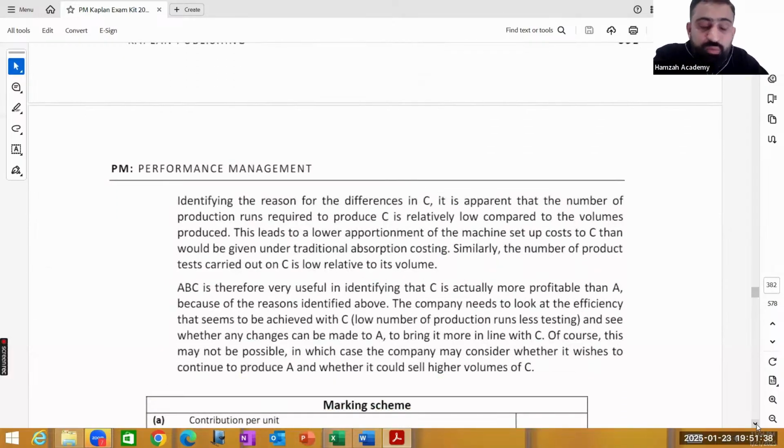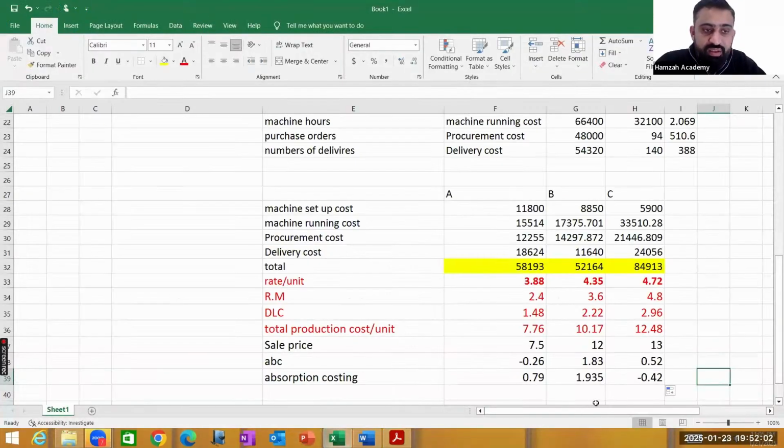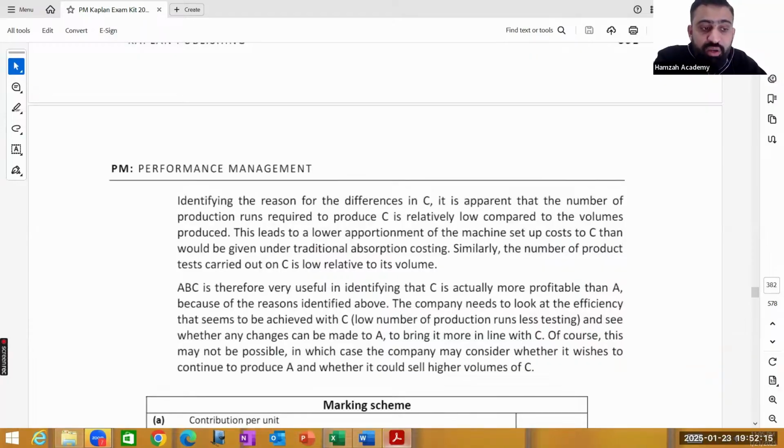The reason is that when we used absorption costing, we did not take into account that C is not using many activities of the business as compared to A and B. So when we use ABC, C is using fewer activities, so less overhead is allocated to C in ABC as compared to absorption costing. That's why in ABC, product C is profitable as compared to under absorption costing.